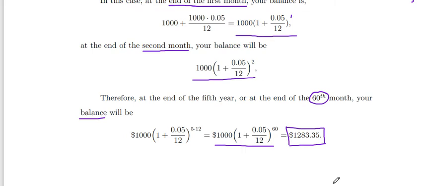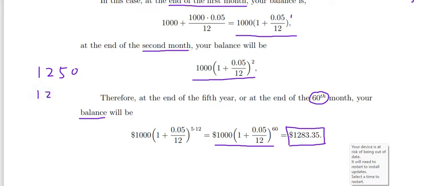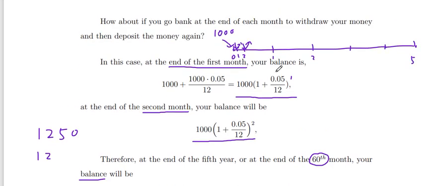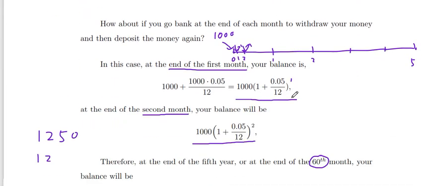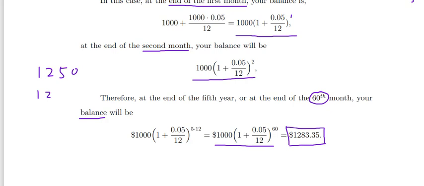Like simple is 1,250, and then we have 1,278.20 annually, 1,276.28, and then this one is 1,283.35.